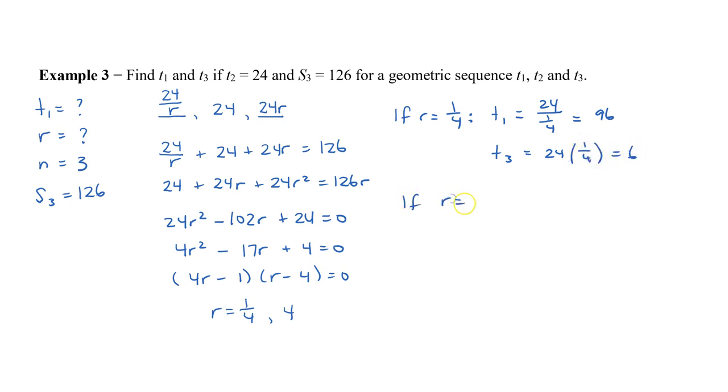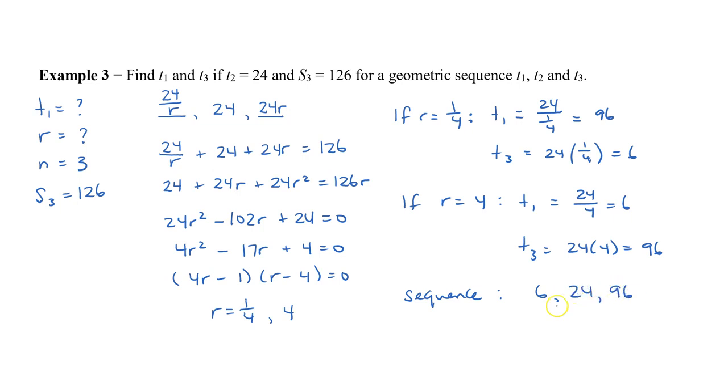Now, if r equals 4, however, T1 would be 24 divided by 4 equals 6, and then T3 would be 24 times 4, which equals 96. So we have two sequences, even though the numbers are the same, but we don't know if the sequence is increasing or decreasing. So we can have 6, 24, 96, or we can have 96, 24, and 6.